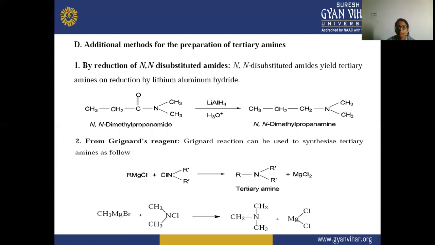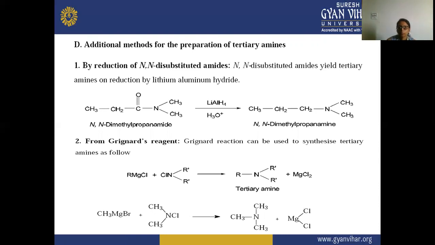So N,N-dimethyl propanamide is reacted with lithium aluminium hydride, followed by the hydronium ion, and there is the formation of the tertiary amine, N,N-dimethyl propylamine.